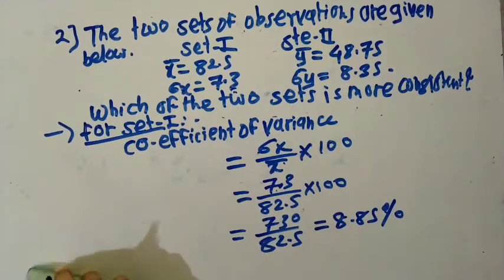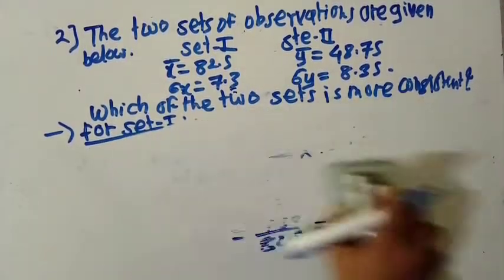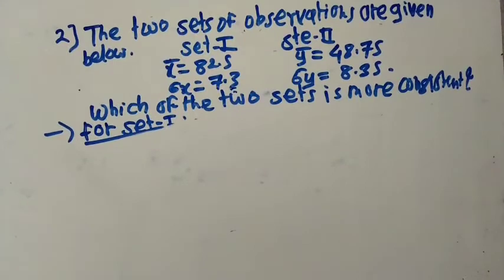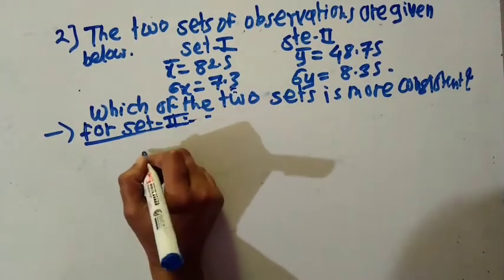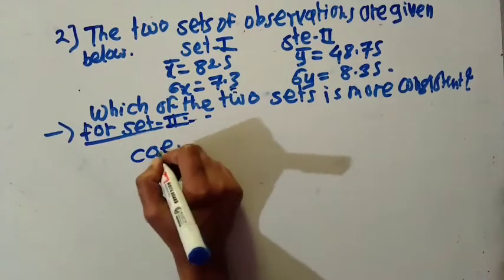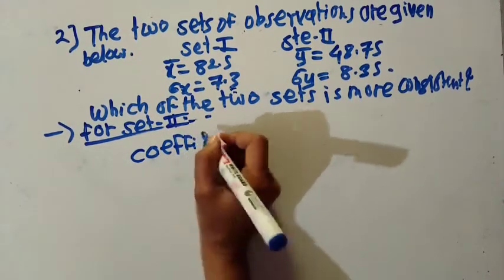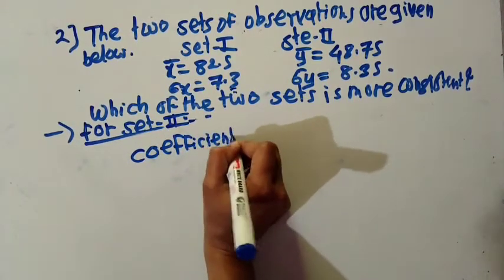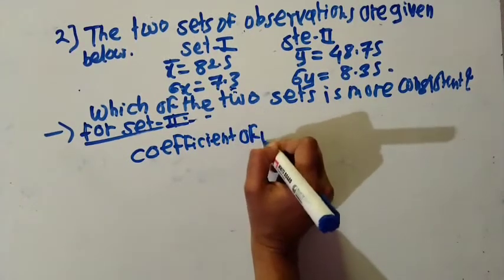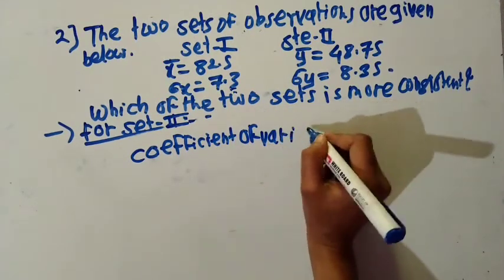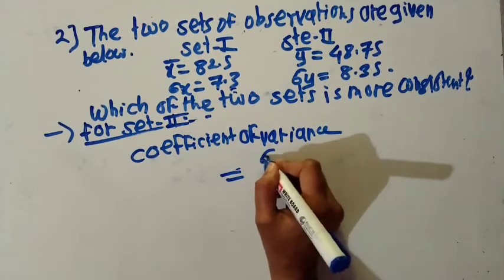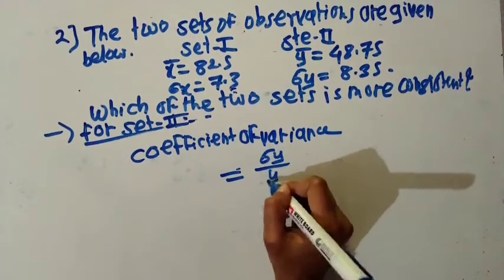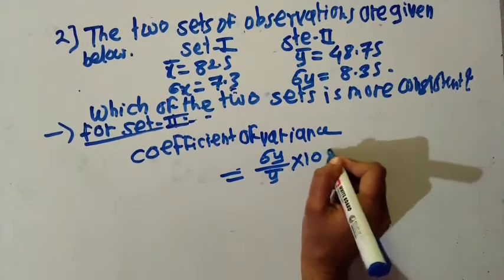Then find out for set second, coefficient of variance is equal to sigma y upon y bar into 100.